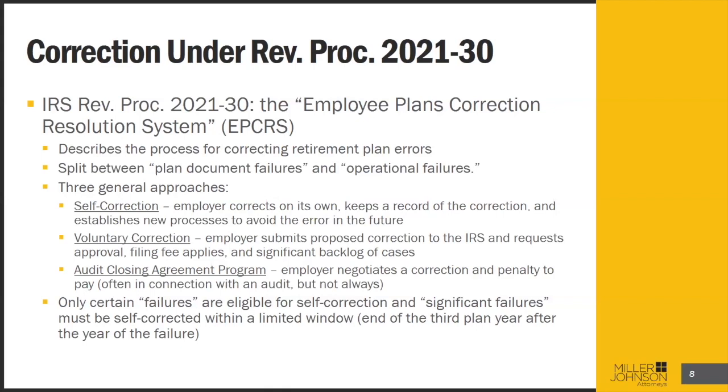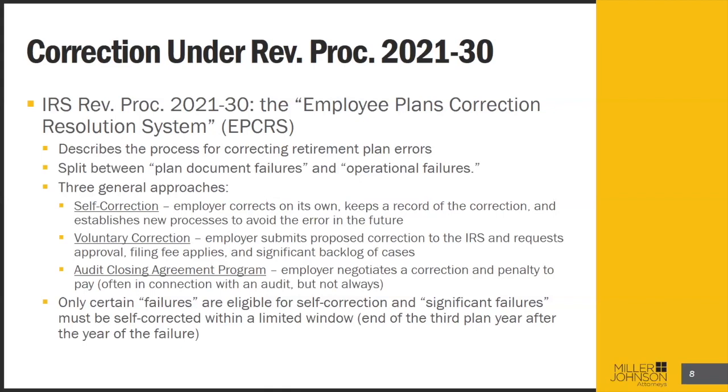Those are just the typical kind of operational failures that you may have experience with, where you've been administering your plan in a way that doesn't necessarily comply with the specific terms of your plan document. It is not uncommon at all for a plan document to say one thing and then to have the payroll department or the record keeper handle something completely differently. And whenever you have that mismatch, you have a potential operational failure.